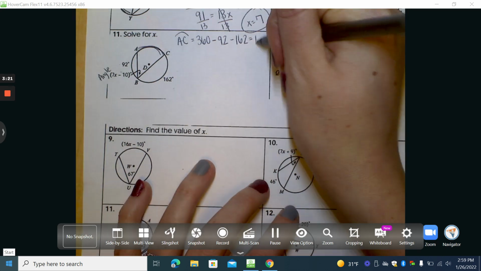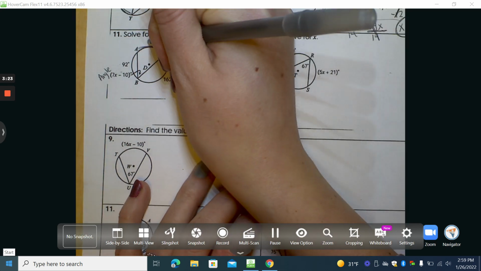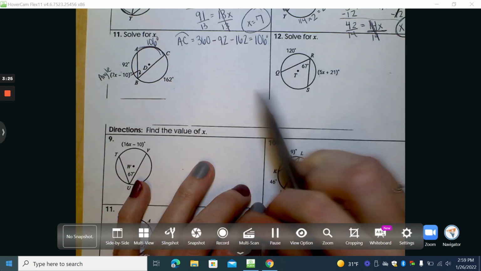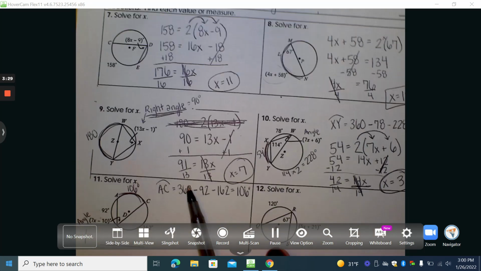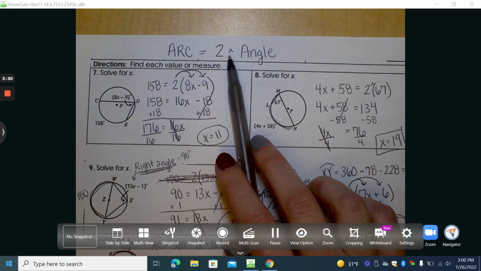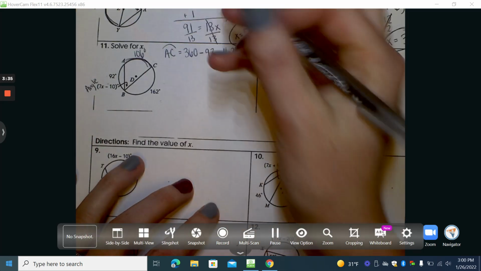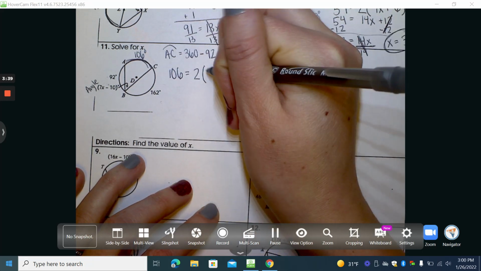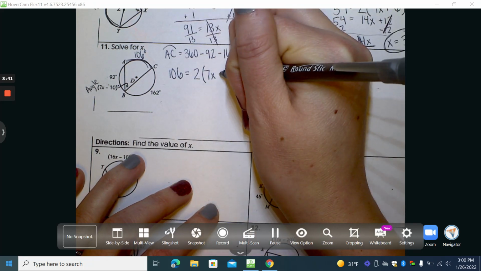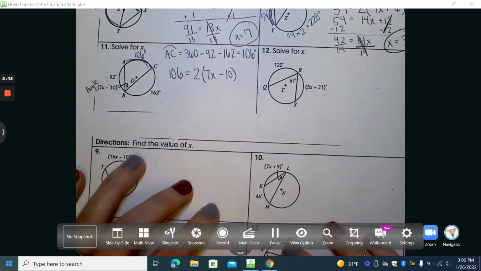That gives me 106 degrees. So this arc is 106 degrees and my angle is 7x minus 10. So again, we're going to do arc equals 2 times my angle. So my arc is 106 and 2 times my angle would be 2 times 7x minus 10.